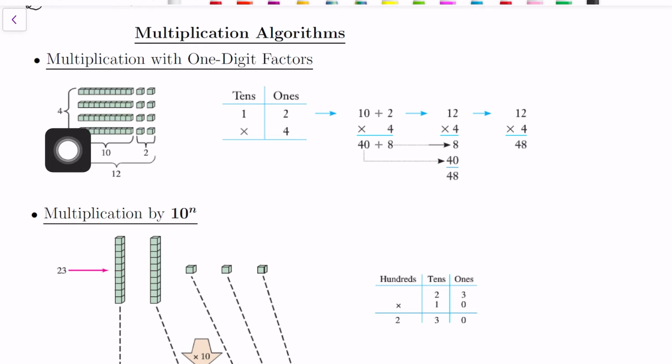And times 4 means making 4 copies of those. So I want 4 copies of 1 long and 2 units, which is exactly here. And when I calculate, I'm going to end up with 4 longs and 8 units. So with the number 48, that's what concrete models show me.